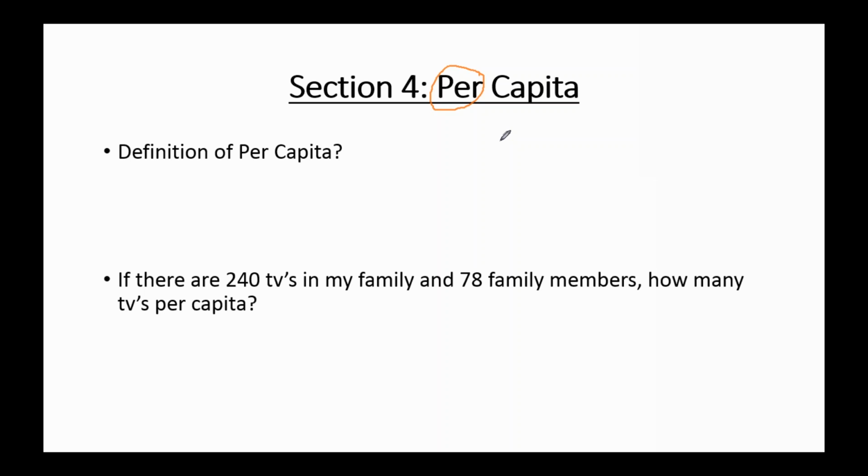So the word per means what? Each, yeah. Scott's cheating, he's got his book open. So each implies 1. So anytime you see the word per, you should think of the word 1 or each, just for 1. Okay, so this is the definition of per 1.